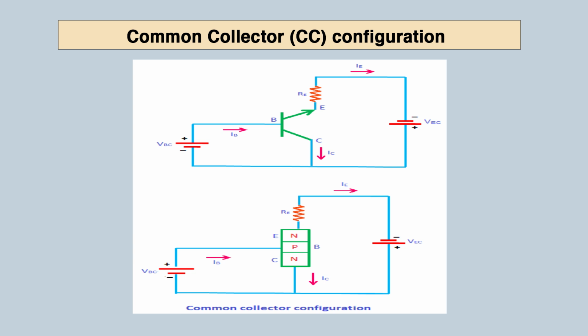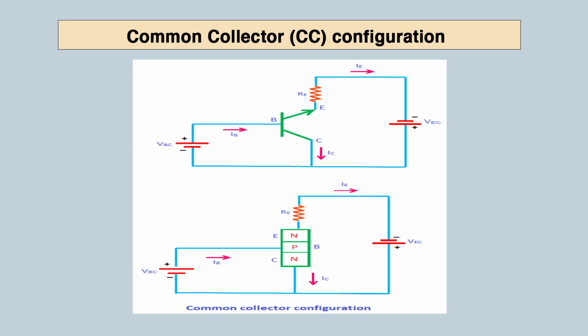Here we can observe that output is always near the input. This configuration is widely used as a buffer, and it is also known as voltage buffer, as it gives the output as provided at the input.